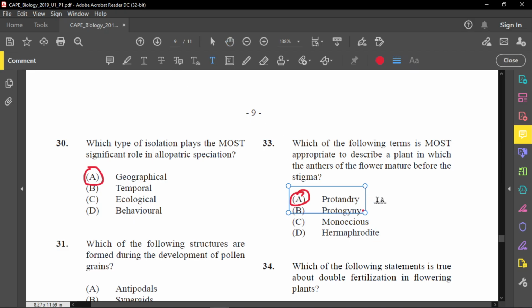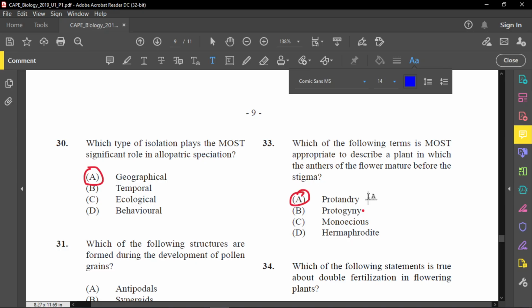All right, so now we'll say here protandry, male before female. I'm talking about maturity. So male before female, just to make it short. You can always write that out when you're reviewing this. And then protogeny is when the female matures before the male. Okay, and we're talking about the reproductive part of the flower. All right. So great.